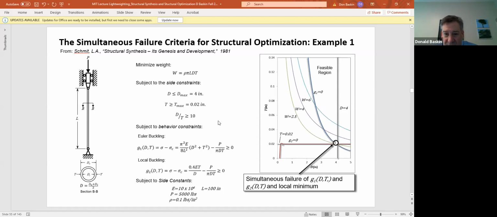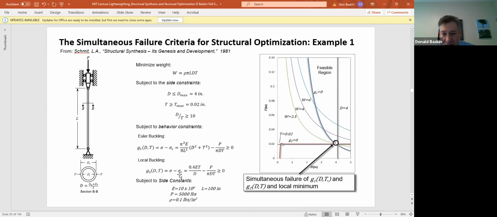And that gives you this line G1. That's the line that denotes Euler buckling, and you have to be to the right of this line in order for the stress to be low enough that you're inside your constraints.